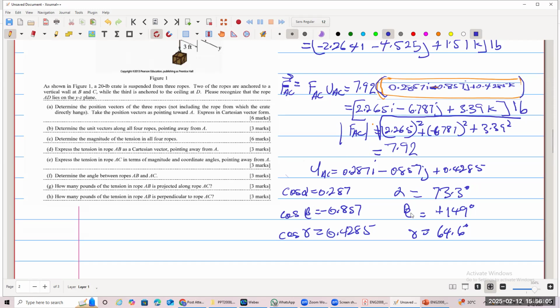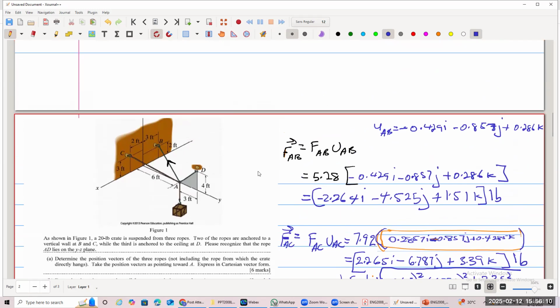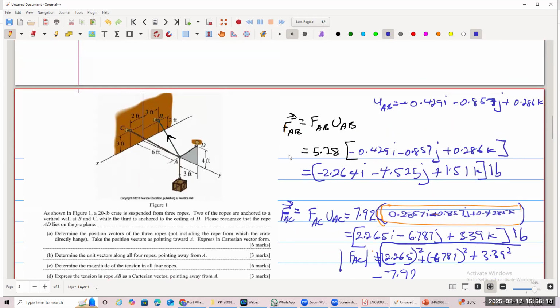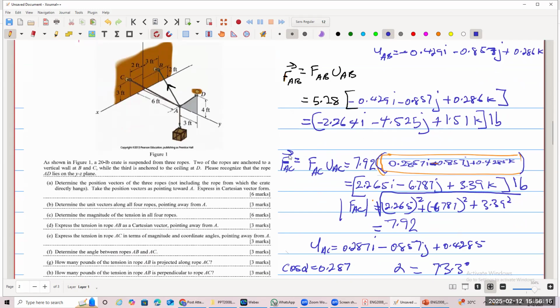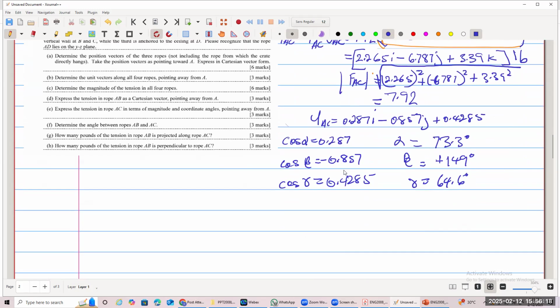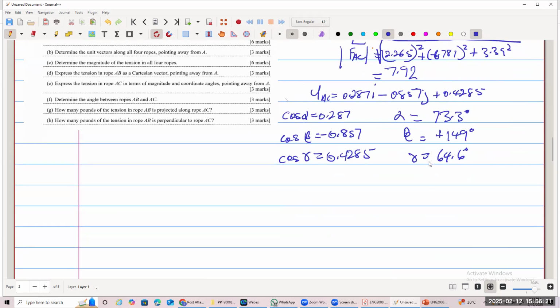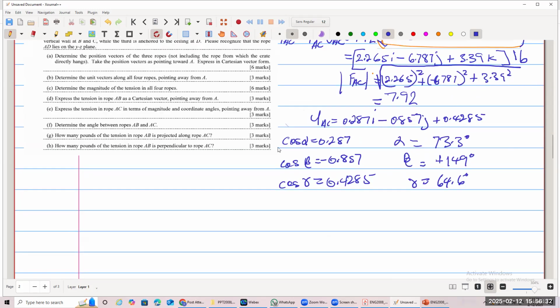In reference to the y-axis for that force, where AC is, if you're referring it back to the origin, that line is inclining 149 to that axis. And likewise gamma, from origin to that point, is 64.6. So those are the coordinate angles. You notice how many questions have been asked about coordinate angles.